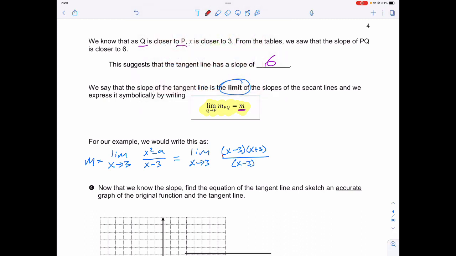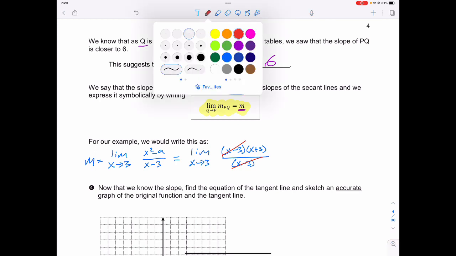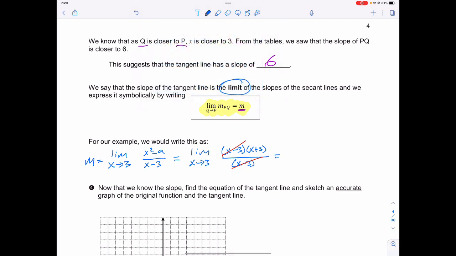We remove the common factor of x minus 3, and all I'm left with is the limit as x approaches 3 of x plus 3. If x is trying to approach the point of 3, then 3 plus 3 is equal to 6, so our slope is equal to 6.